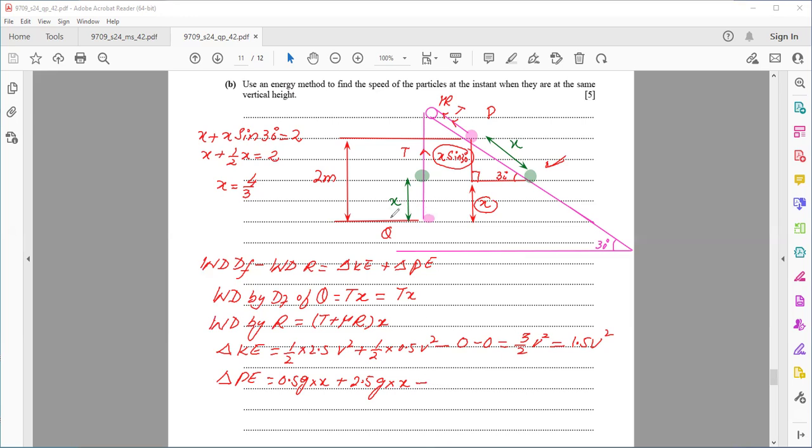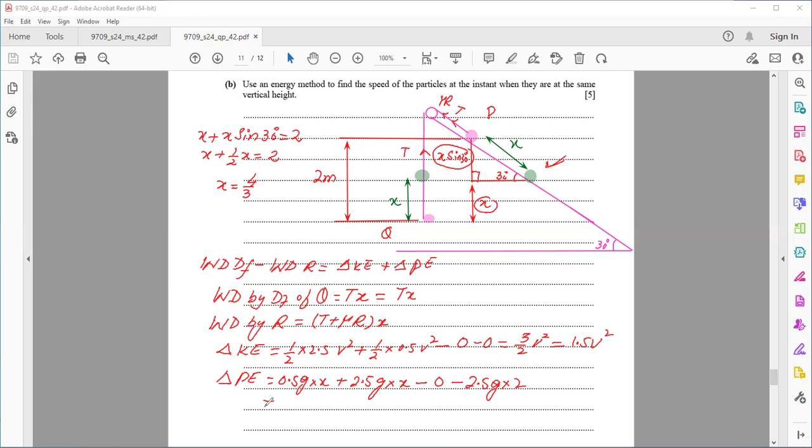The initial potential energy of particle Q is equal to 0, and minus the initial potential energy of P, whose total height from this level is 2, already given in the statement of the question. So I have m, that is 2.5, into g as it is, into height 2, if I'm not wrong.